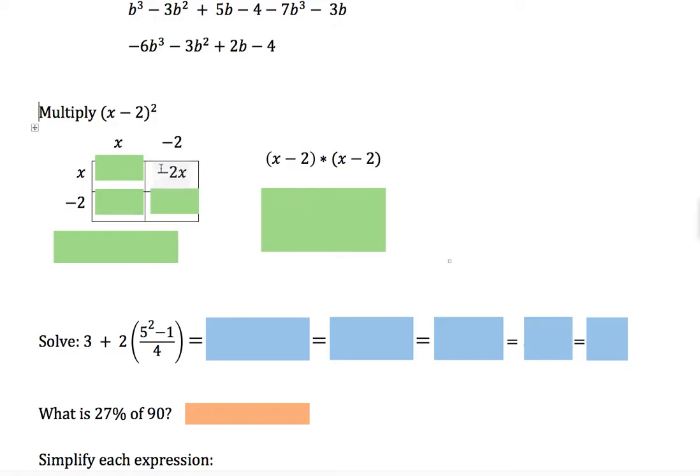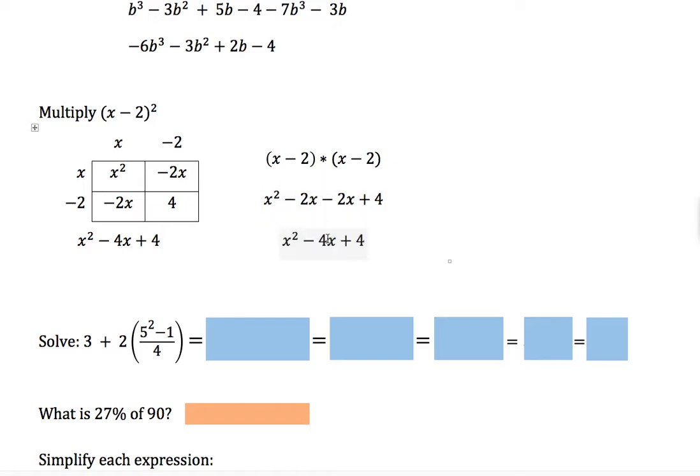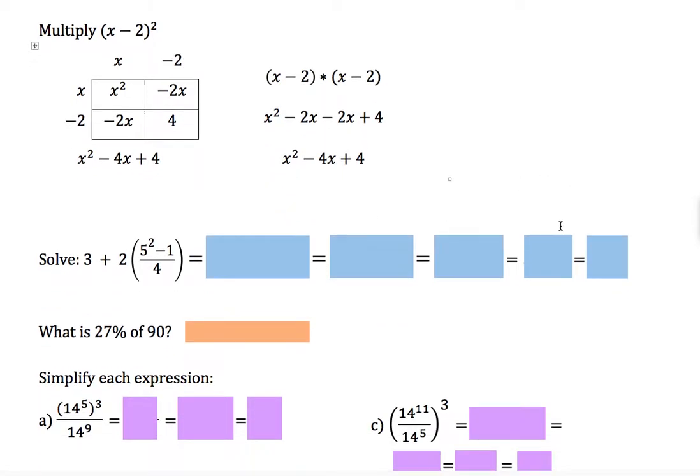And for the interest of time, I'm just showing you how we set it up by boxing it. And when you combine like terms, notice the two middle terms do not cancel out this time, and it's because they both have the same sign. So negative 2x plus negative 2x is a negative 4x. And if you had FOILed this, you would have gotten the same results no matter which method you use.